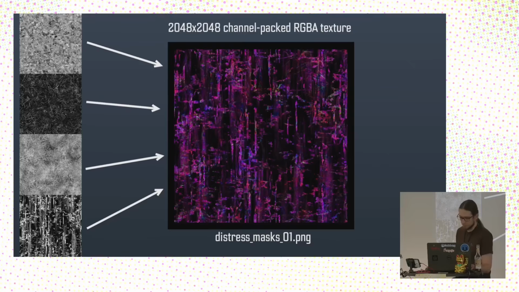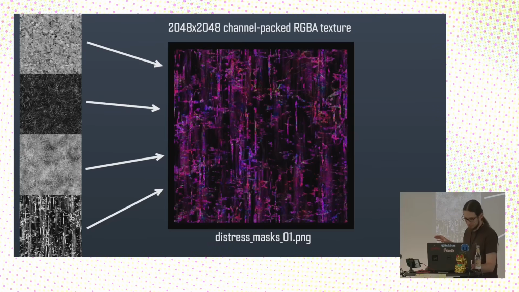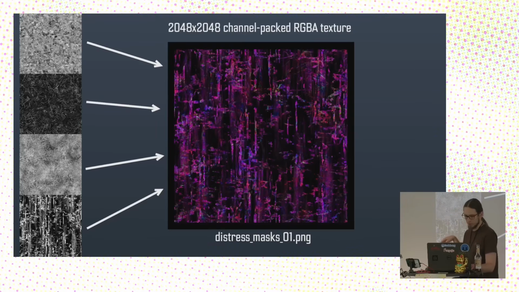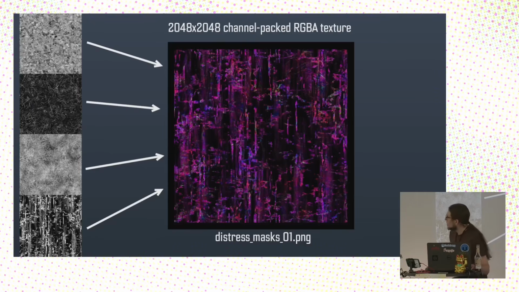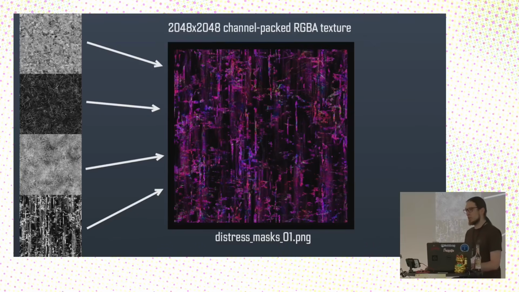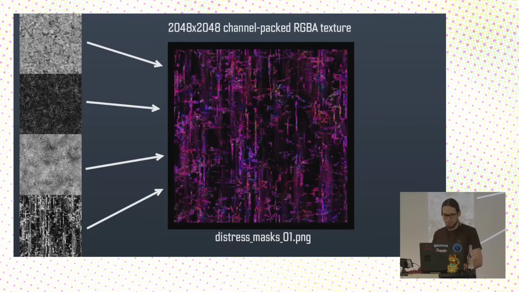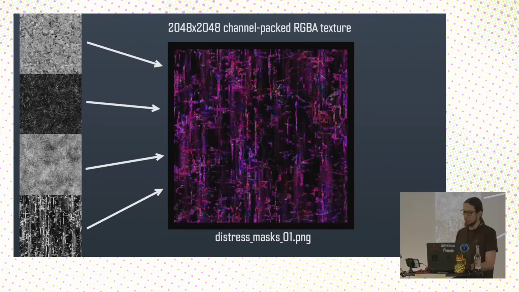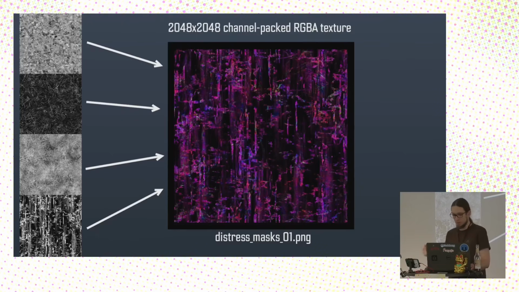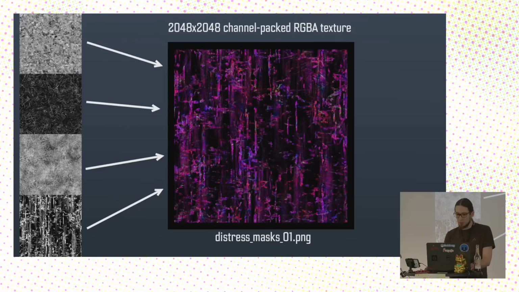I made all these in Material Maker. Actually, it's one project, but it takes a lot of VRAM to load this, so I can't do it on the laptop. Sorry. We have 4 different kinds of grunge, and they are all packed into a single texture, so we can fetch all of this with one texture read on the GPU.